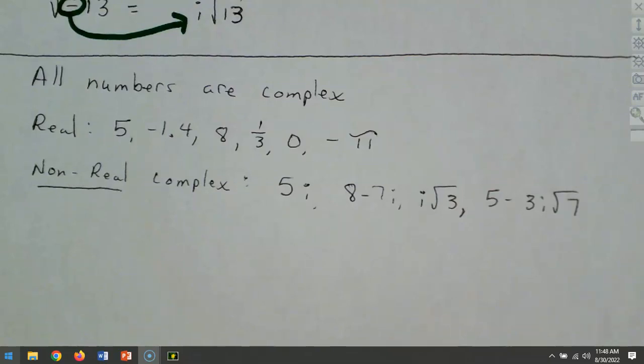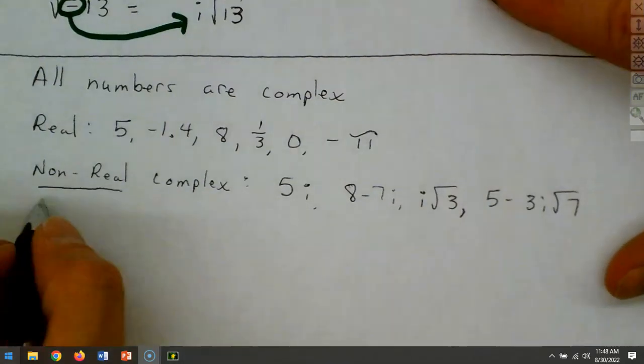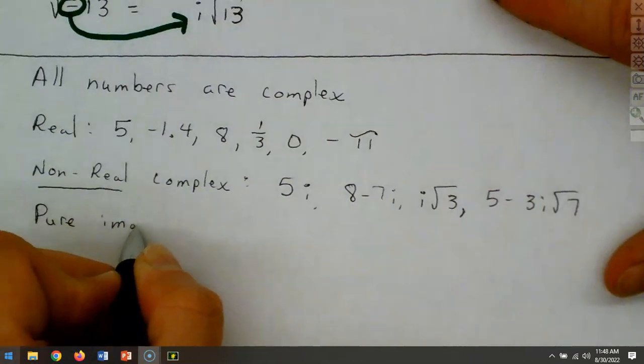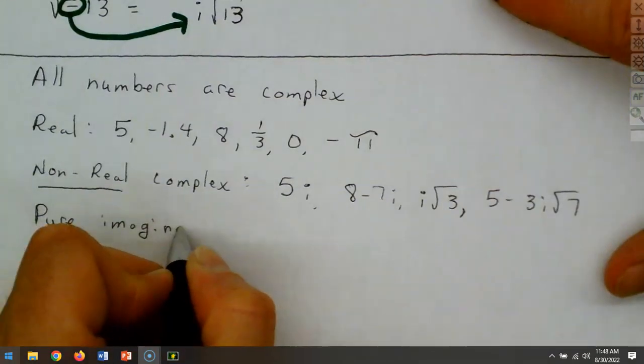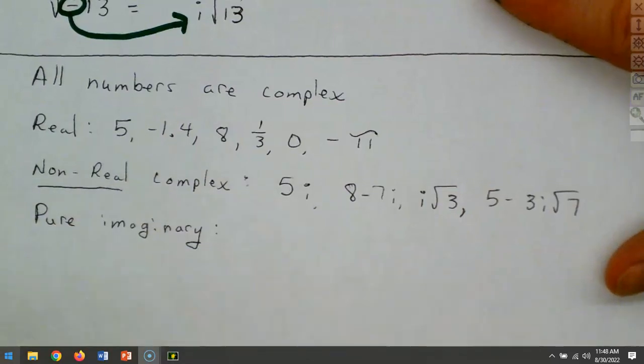Now, the non-real numbers can be broken down one further step, and they can be broken down into pure imaginary. And pure imaginary numbers do not have a real part.